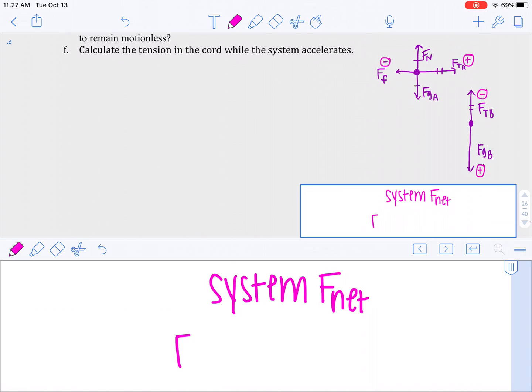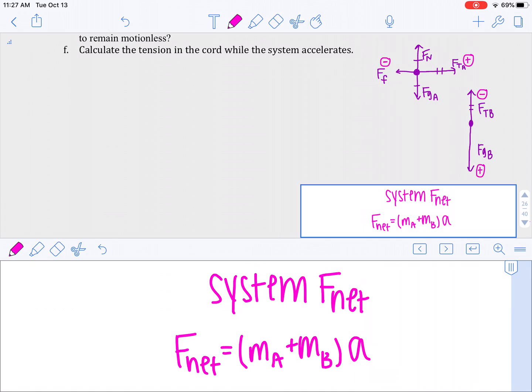My system FNet will be the sum of the two masses, so it'll be MA plus MB times the acceleration of my system.